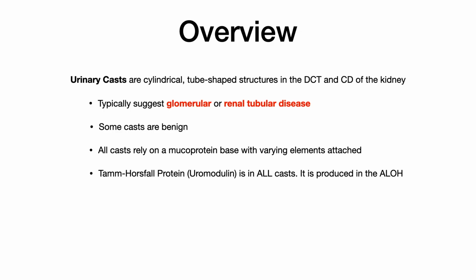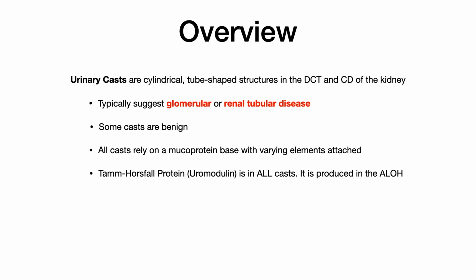So before we go any further, if you're asked, explain a cast to me like I'm 5, the answer is that a cast is basically a trapped, coagulated mucoprotein plus other cellular content structure, and it originates in the lumen of the distal convoluted tubule or the collecting duct. It can be seen in normal physiology, but on your exam, it's generally going to be seen when there's some type of kidney injury or alteration in pH or urinary concentration.